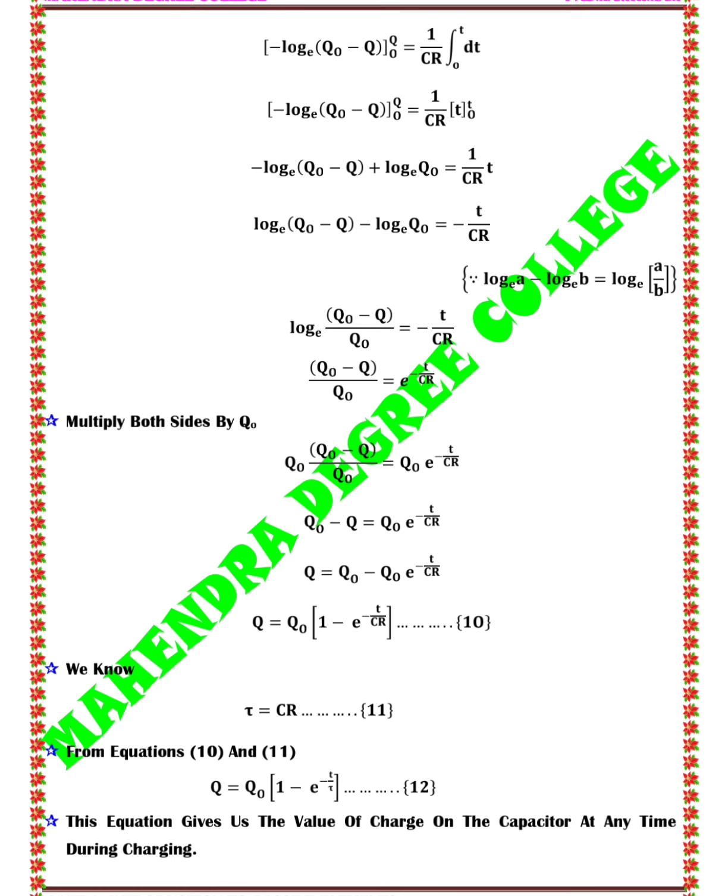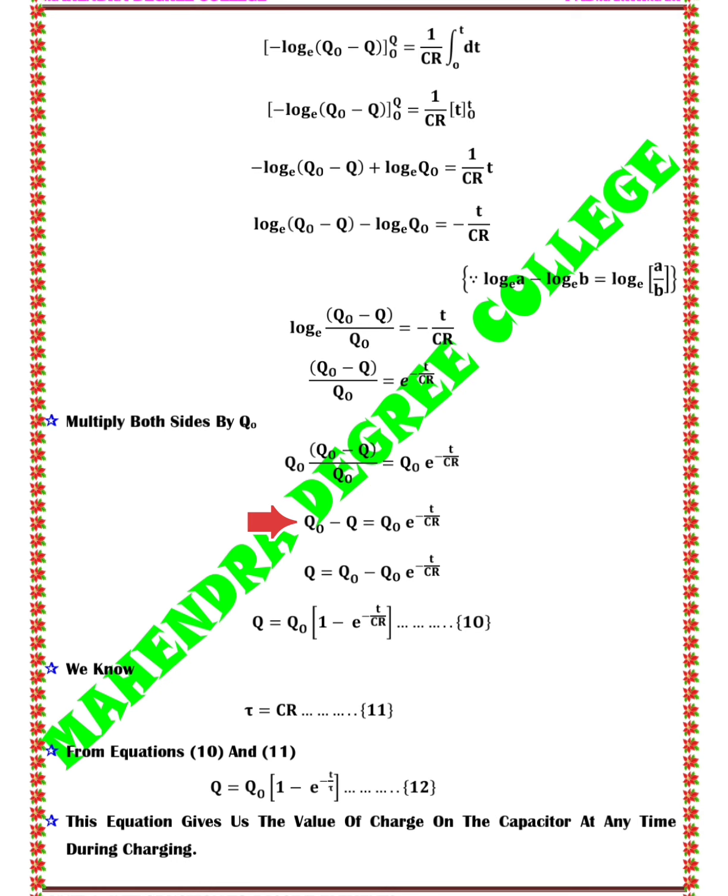We get Q naught into (Q naught minus Q) by Q naught equals Q naught e power minus t by CR. Here Q naught and Q naught cancelled in the left hand side.